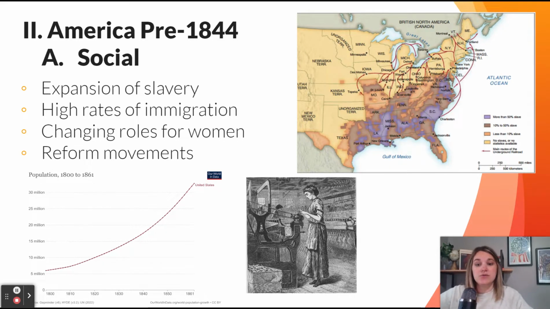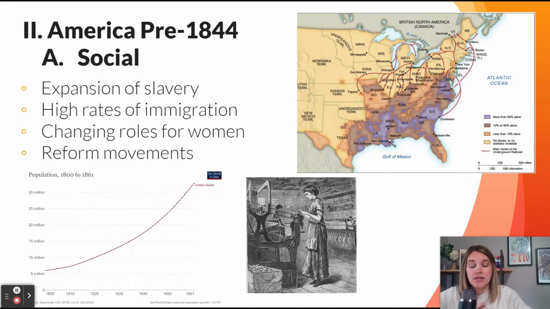As the US goes through industrialization, there is a high need for workers, especially in urban areas. And so we see lots of immigrants coming to the United States to take advantage of industrial opportunities. In addition to immigrants, women will as well, and there's going to be a larger role for women in the public sphere of society.